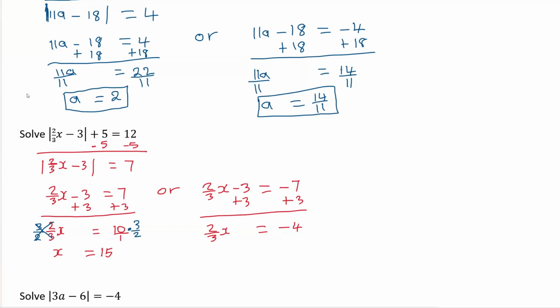So if I apply the same trick as before, multiply by 3 over 2, which is the reciprocal, then the 3 cancels the 3, the 2 cancels the 2, and I have to do the same thing. So 3 over 2.